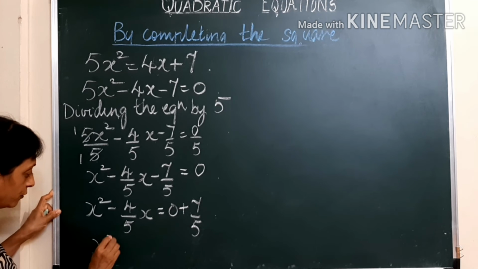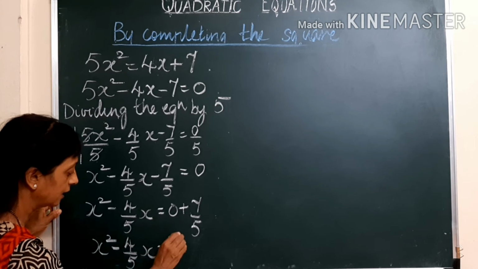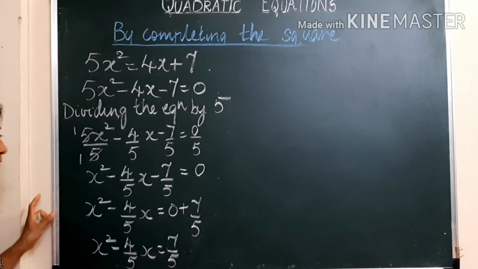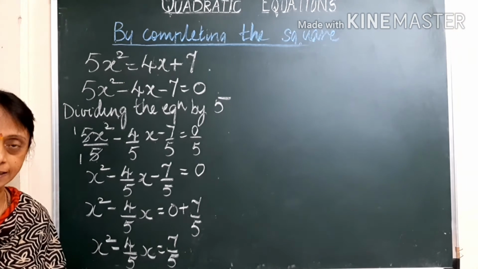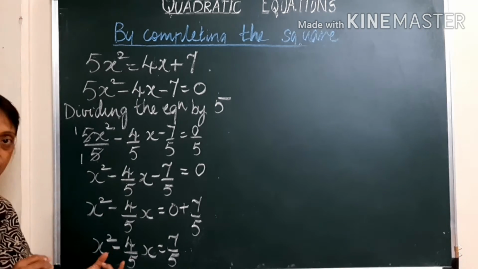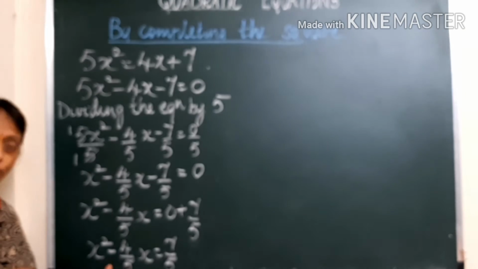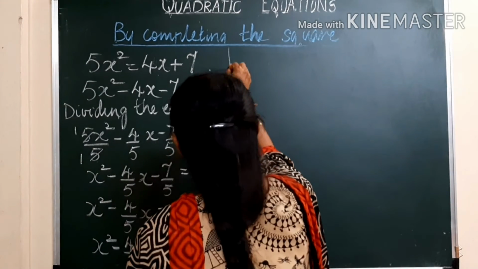So what are you left with? x squared minus 4 upon 5x is equal to 7 upon 5. With what do we compare now? We compare with x minus a the whole square. The coefficient of the middle term of that expansion will be compared with the coefficient of the middle term of the given problem. So once again I will repeat.